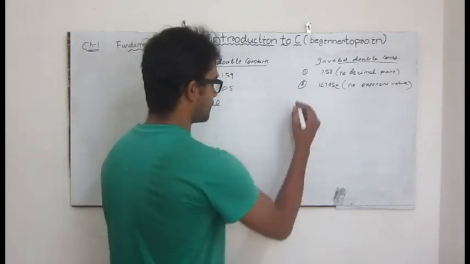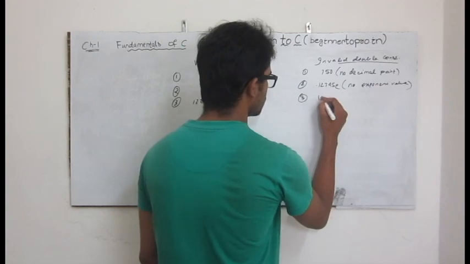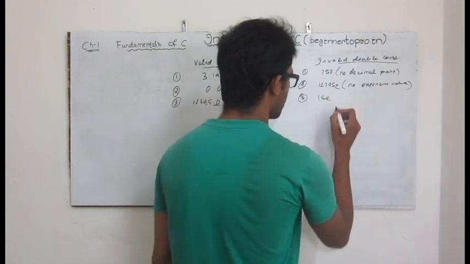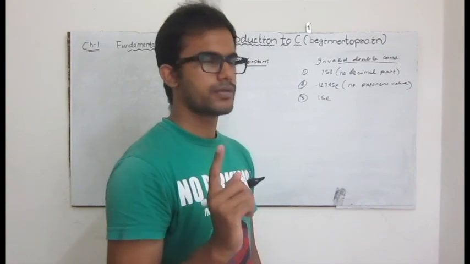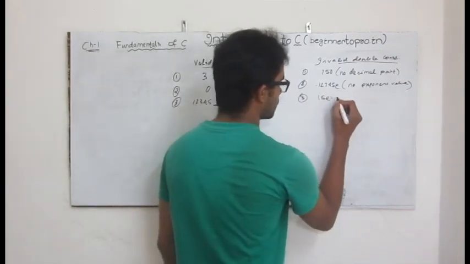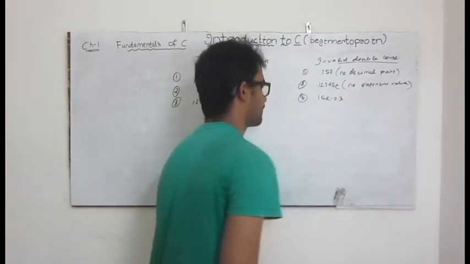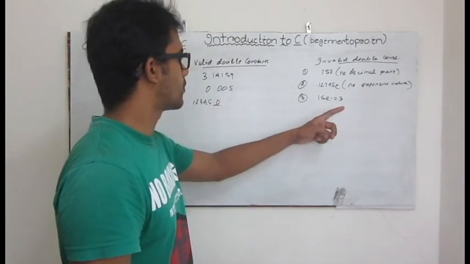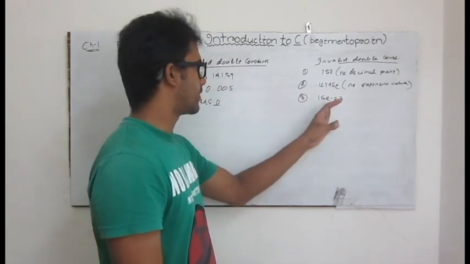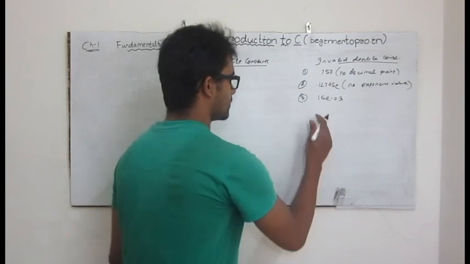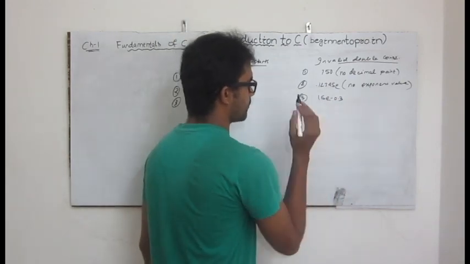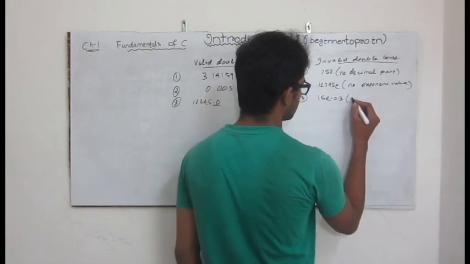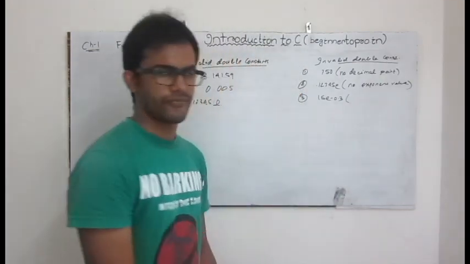The other side, 15e-0.3. Okay, I forgot the sign, sorry. So 15e minus 0.3 is also invalid.